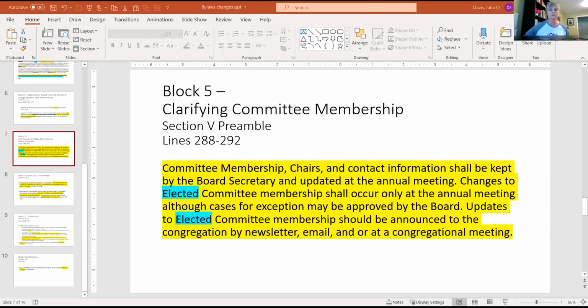Jack? Just to reflect what's in chat. Marika asked, where is the list of elected and non-elected committees of UUCA? And Denise asked, how about using the term leadership versus using membership?